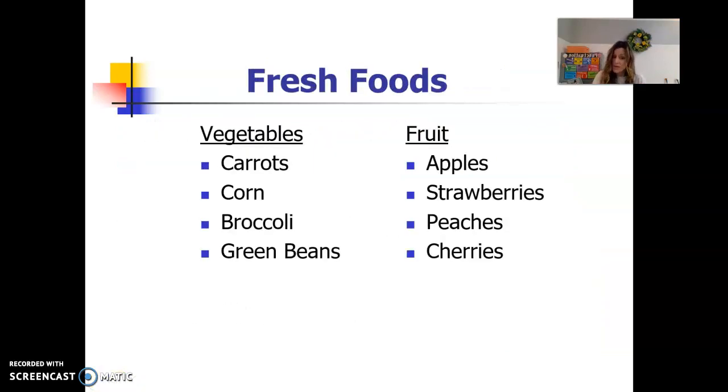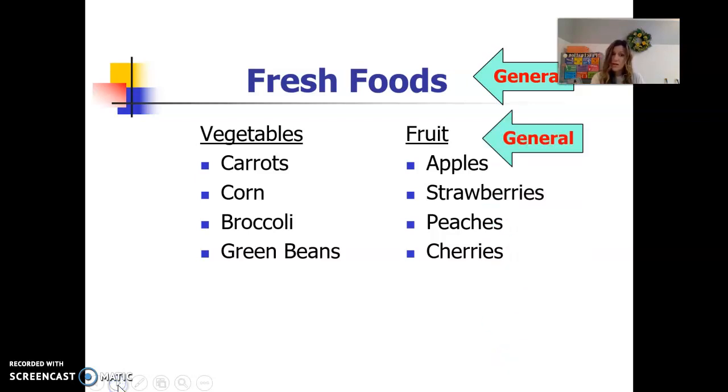So here we have some other examples. We have a sign that says fresh foods, and then we have vegetables and we have fruit, and then there are specific fruits and vegetables. So the overall sign that says fresh foods, that's a general term. These are all foods. General still is fruit and vegetables, okay? Those are general terms.